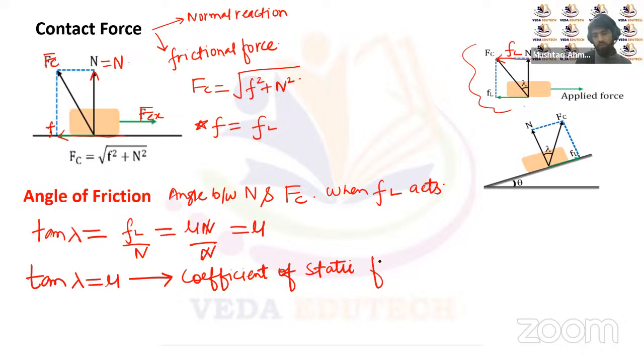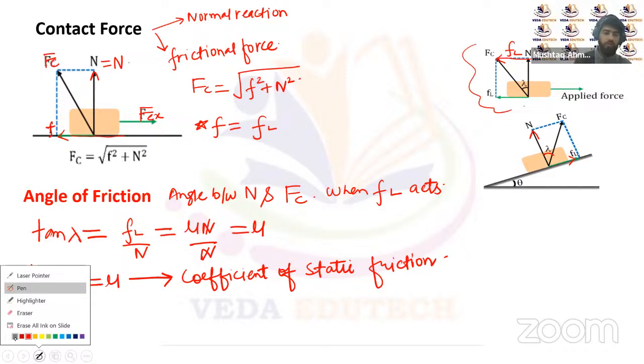So using the concept of angle of friction, we can calculate the value of the coefficient of friction. Similarly, for the inclined plane, you can see the friction is along this direction, and the normal direction is along this direction. This is the angle of friction, and this is the net resultant, what we call the resultant contact force.